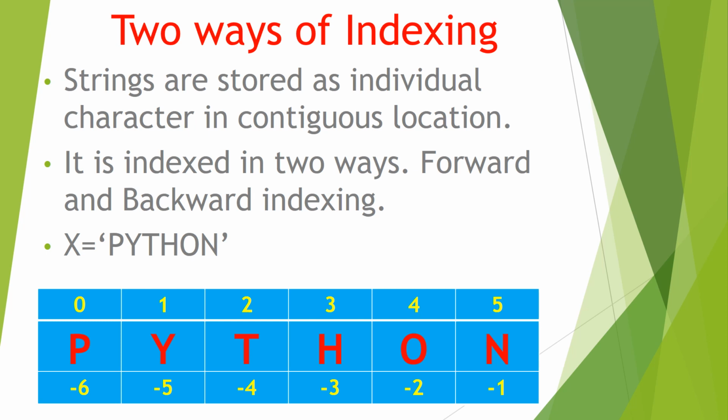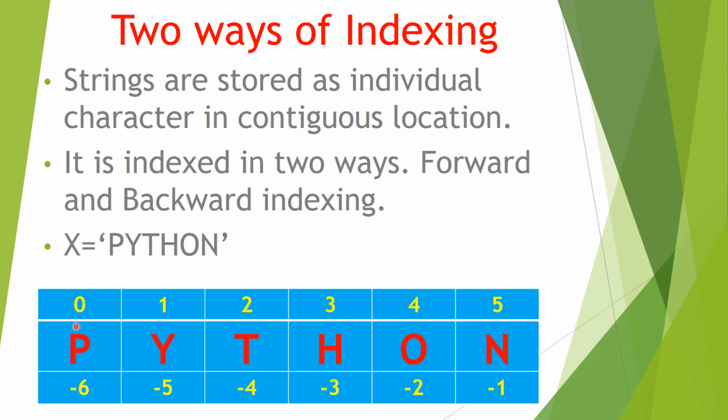Strings are stored as individual characters in contiguous locations. It means the memory addresses will be in continuation: P, Y, T, H, O, N, this way. It is indexed in two ways. A string can be indexed in two ways, that is forward and backward.